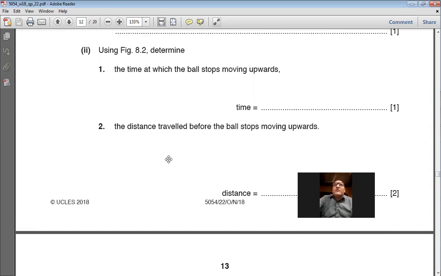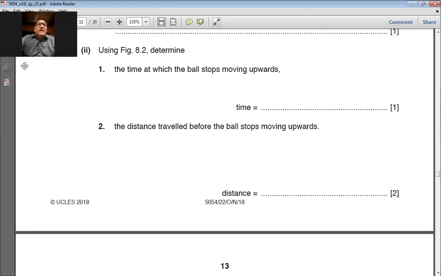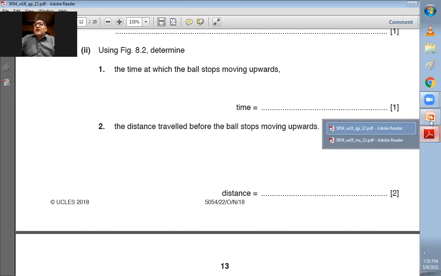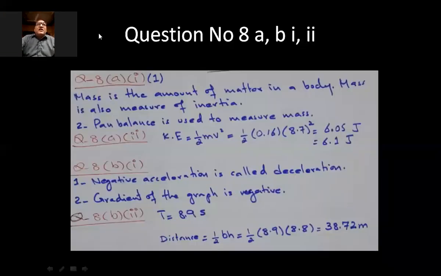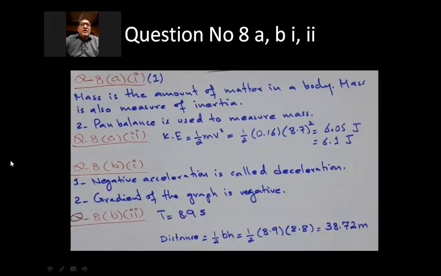Let me show you my work. I have done this on a paper, and then we'll see. Here we have the whole question. He says that negative acceleration is called the deceleration. The gradient of the graph is negative, and the time equals 8.9 seconds.